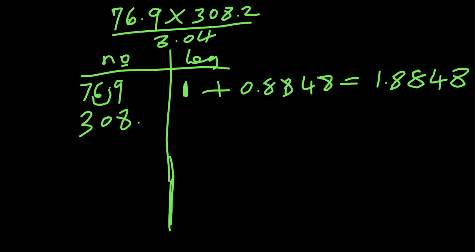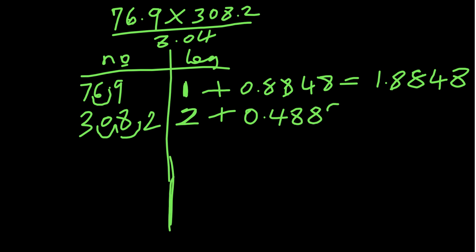The second number here is 308.2. We convert it to standard form. You move it 2 places, so you have a characteristic of 2. You combine it with the mantissa value. Look for log 30 under 8, difference 2. So you have 0.489.